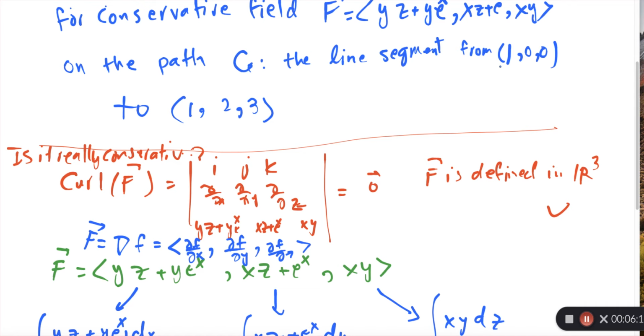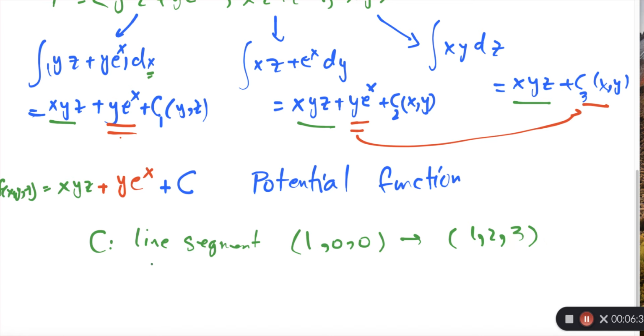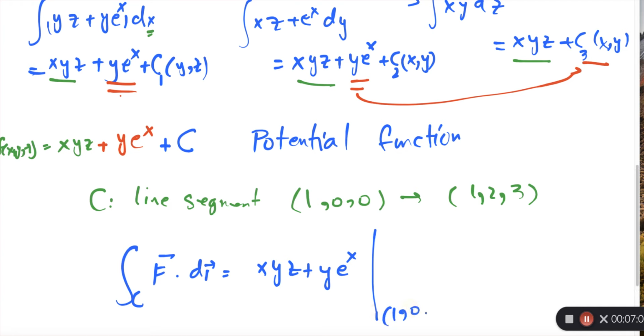And so what I do is I go back and I'm looking for the line integral from the point (1, 0, 0) to (1, 2, 3), along the line segment C. All I need to do when I have the scalar potential to find a line integral is to use that scalar potential, which is xyz plus y e to the power x, and I plug into it just like an antiderivative, except this antiderivative has 3 variables in it.